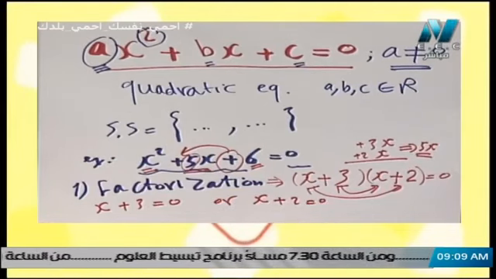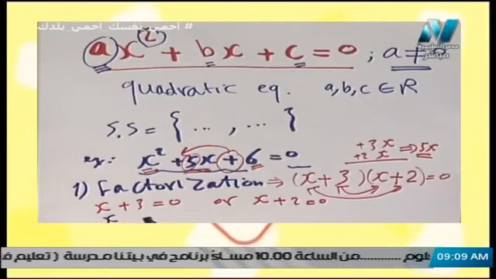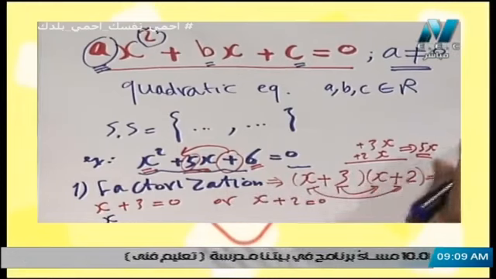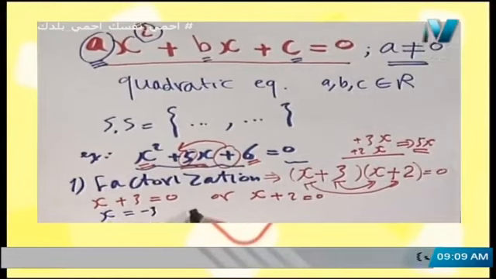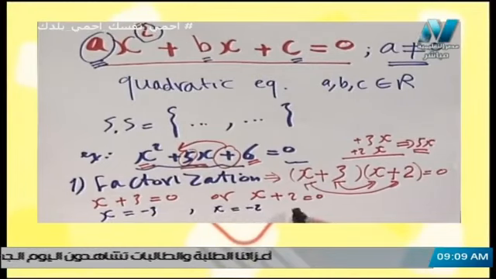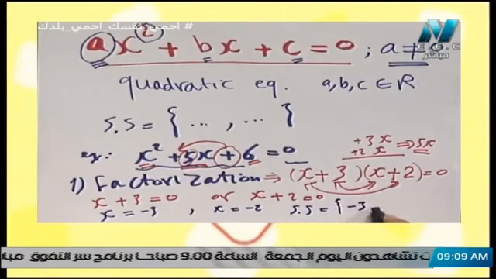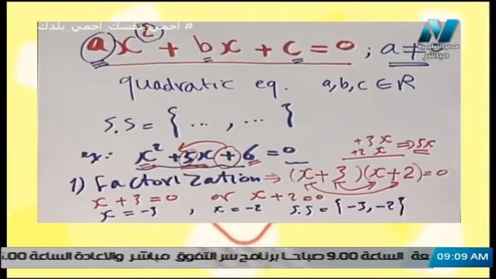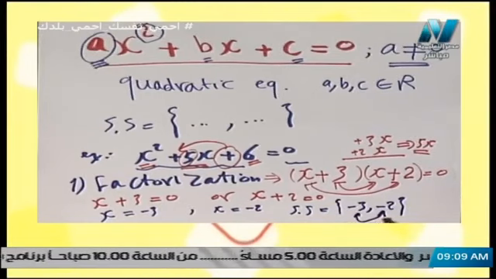So here x will be negative 3 and x will be negative 2. So the solution set here equals negative 3 and negative 2. We have two solutions here, negative 3 and negative 2.